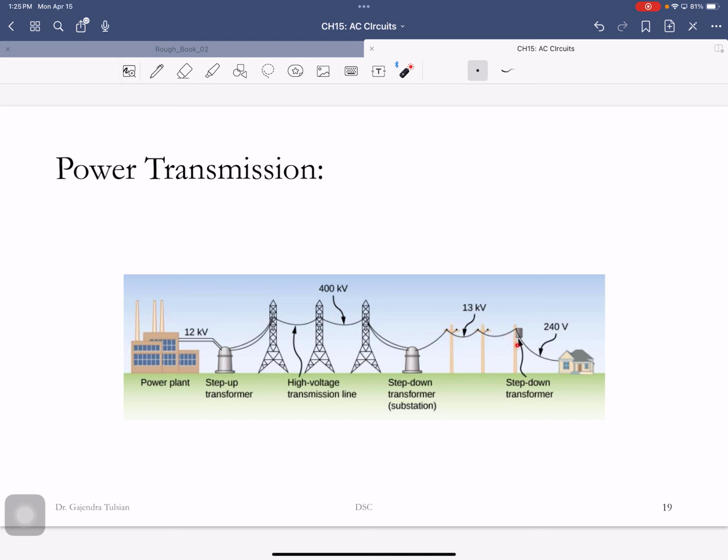And here are step-down transformers outside the city, and these are the things that are sticking up on the poles near your house, another step-down transformer. For long distances, power is transmitted at around 800,000 volts.